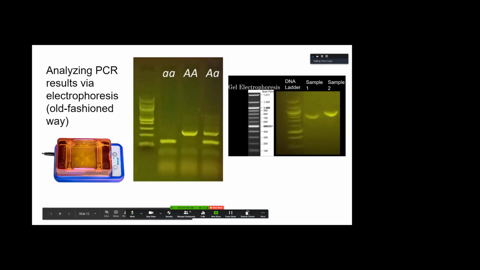So this, as I said, is the old-fashioned way. And if we had to do virus testing at Laguna Beach High School, this is how we would do it. But we are not going to do virus testing at Laguna Beach High School. And there is a more modern, better way to get data faster.